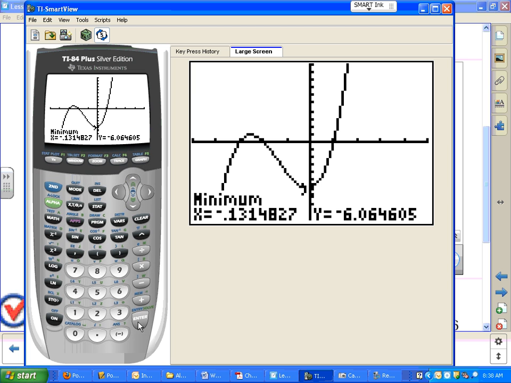Okay. But those numbers, if you use the halfway point, usually they're going to be good estimates. Okay? They're not going to be exact, but good estimates. So here the minimum is negative 0.13 and negative 6.06, okay? Which is very close to what we graphed. All right?